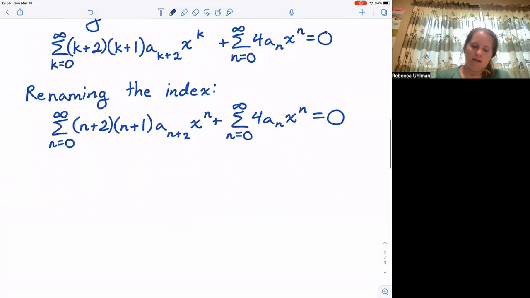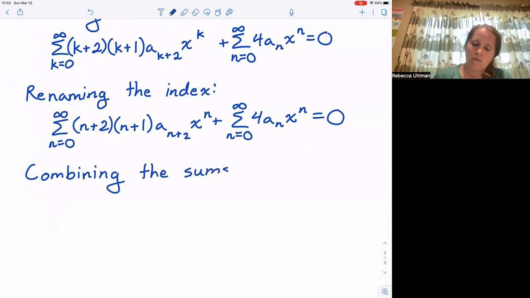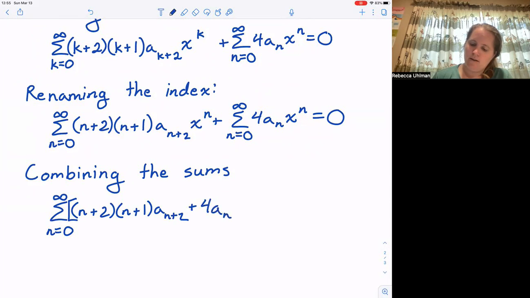Then let's combine the sums. So combining the sums, we have the sum from n equals 0 to infinity of n plus 2 times n plus 1 times a sub n plus 2 plus 4 times a sub n, all of that multiplying x to the n, and this should equal 0.